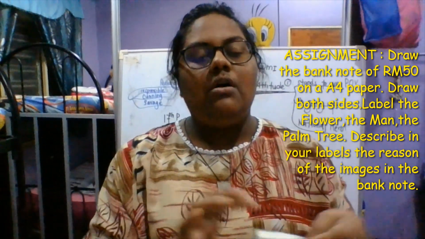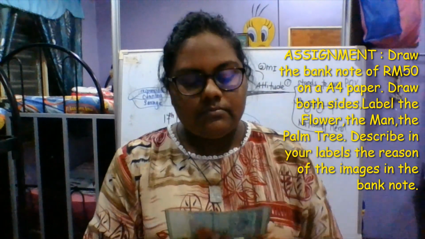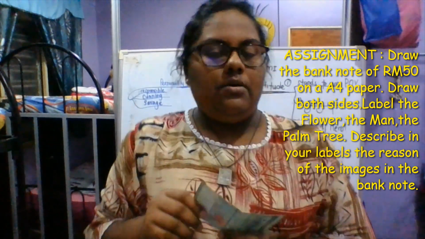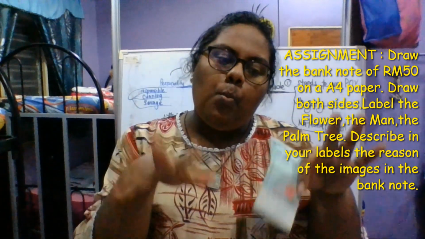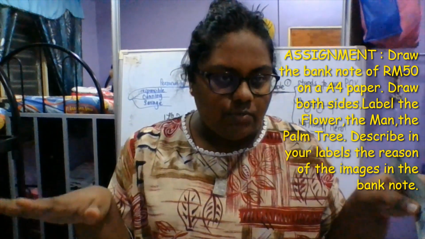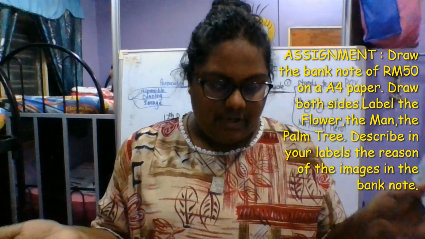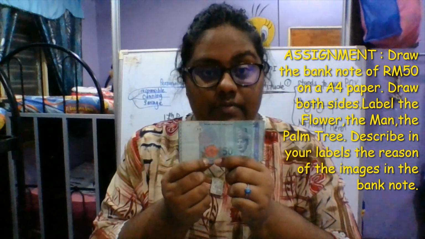Once you already have your drawing done, a very rough drawing, you will label it now. You go to Google, you go to the internet, and look for information. You can just type in what are the features in a 50 ringgit Malaysian banknote. Then all the details will come in. You just copy and paste it. So you will write what the image is, the name of the image.